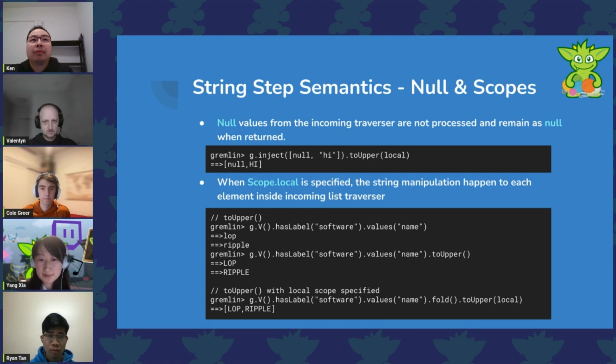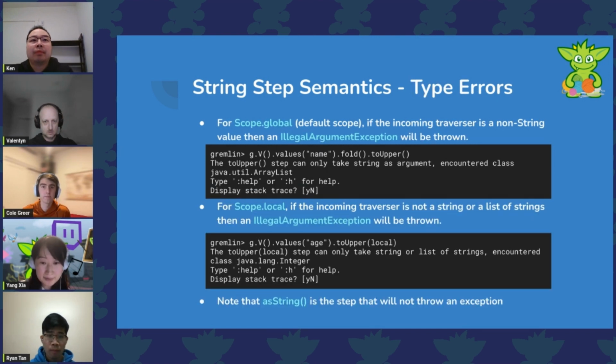With that, there are some exceptions and errors that will come out to let you know. With the default scope, it will throw an illegal argument exception if the incoming traverser is not a string. It will also throw an exception for the local scope if it is anything that is not a list of strings.